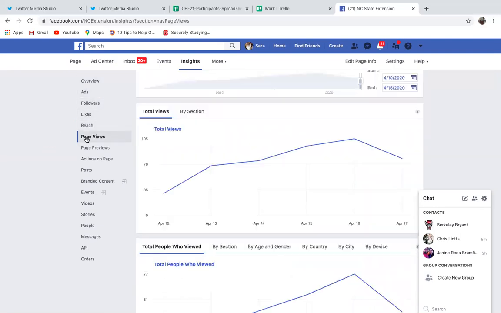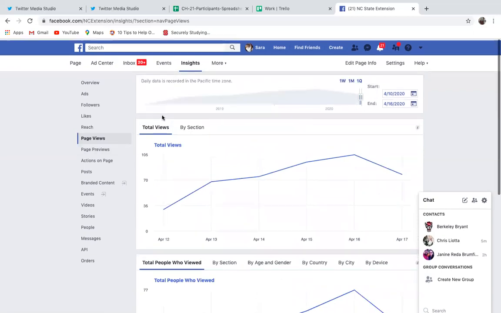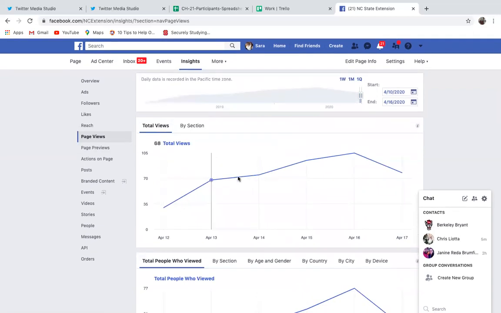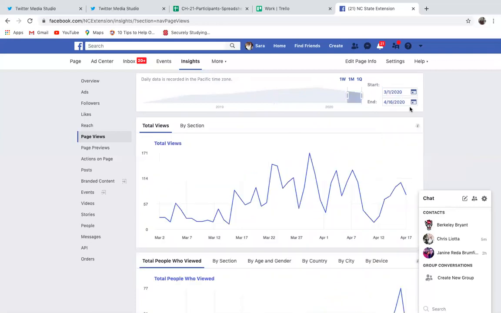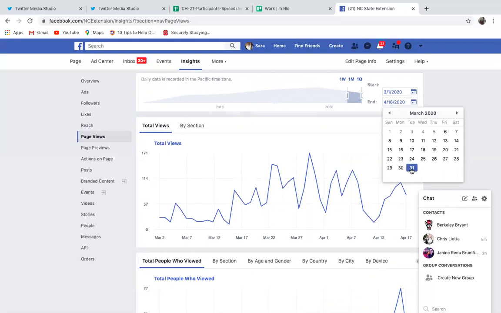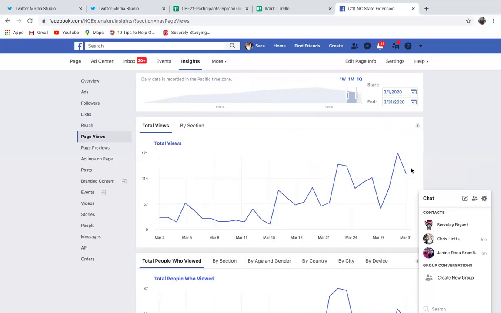So you can also look at page views. So how many people are viewing your page overall? And you can again change the date for that. And this isn't just tied to one specific post either. So just people who are seeing your page overall.